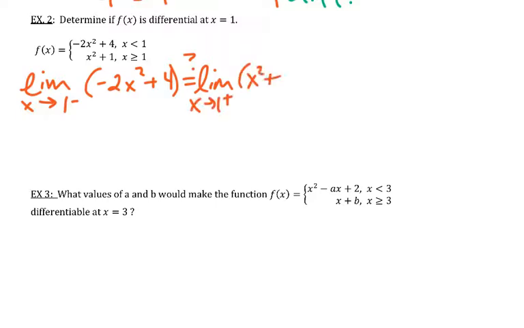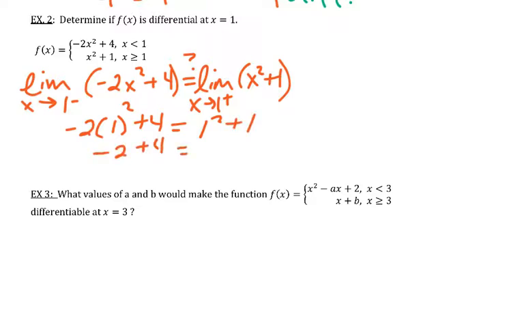And plug in x squared plus 1 there. And substitute in 1, we get negative 2 times 1 squared plus 4. And plugging in 1 here, 1 squared plus 1. Negative 2 plus 4. We get 2 on the right-hand side. 2 equals 2. So it is continuous.